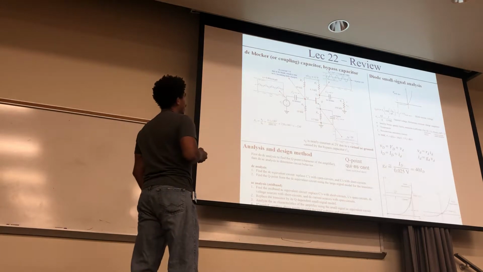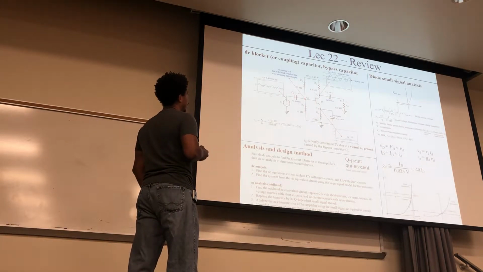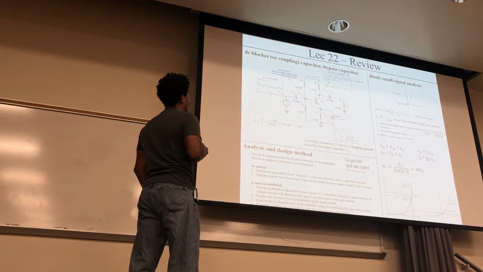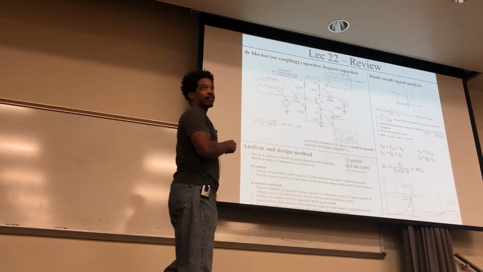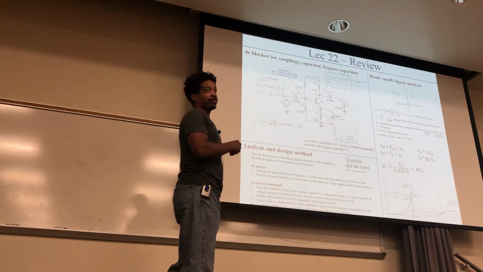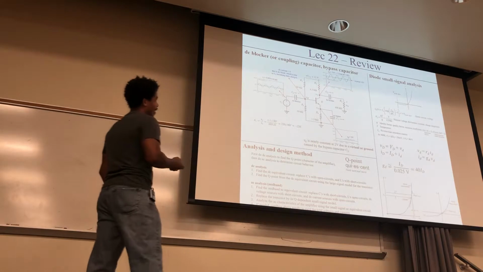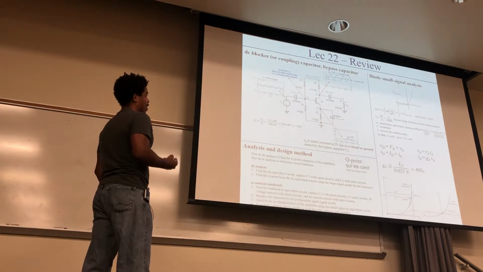One thing I want to mention, I made a mistake with the DC blocker. I had an equation here that led you to believe that the DC voltage was being blocked, but it's not the voltage, it's the current. The DC current is being blocked. And of course, if you think about it, it makes sense that it would be the current, not the voltage.